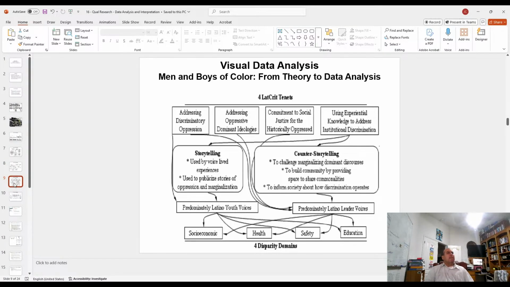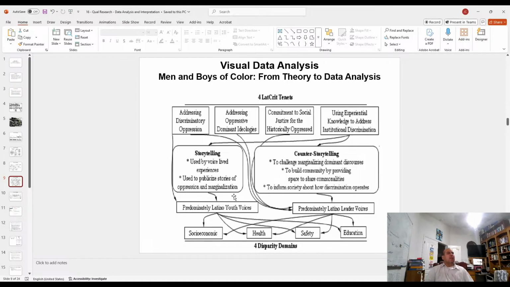And this is some more examples. This was from the Men and Boys of Color project that I've talked about and worked on in the past. This is an example of how we use theory, which is Latino critical theory, LatCrit. These are the different components of the theory up here and how they're connected.